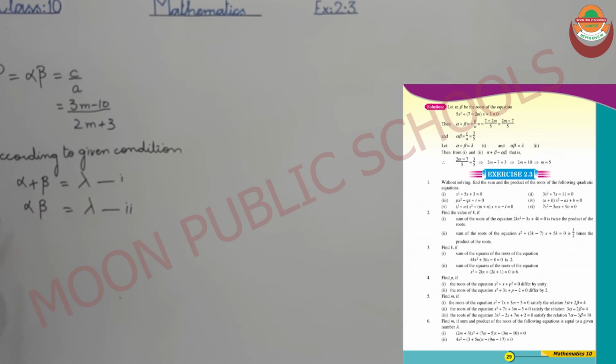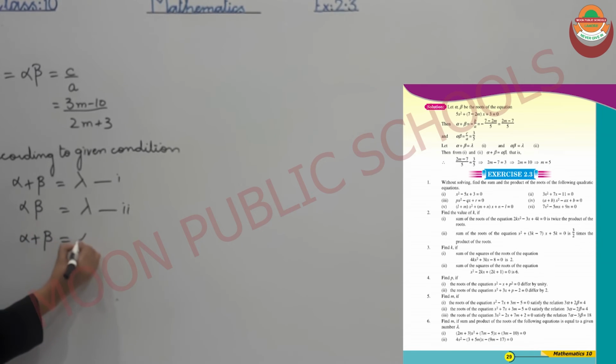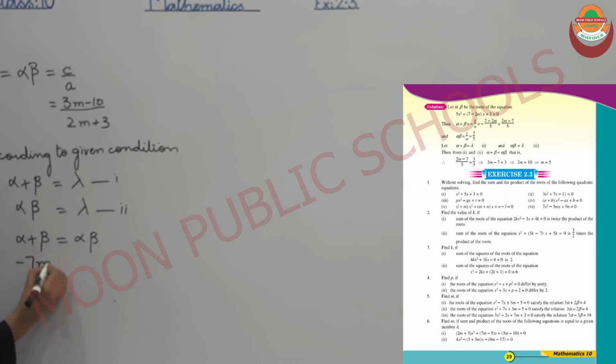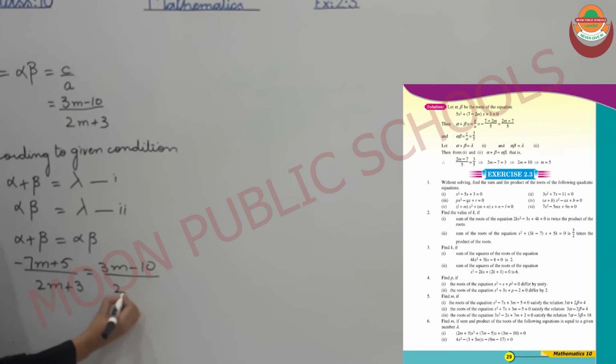Here we see both the sum of roots and product of roots equal a given number lambda. So we can write alpha plus beta equals alpha beta. The value of alpha plus beta equals minus 7m plus 5 over 2m plus 3 and the value of alpha beta equals 3m minus 10 over 2m plus 3.